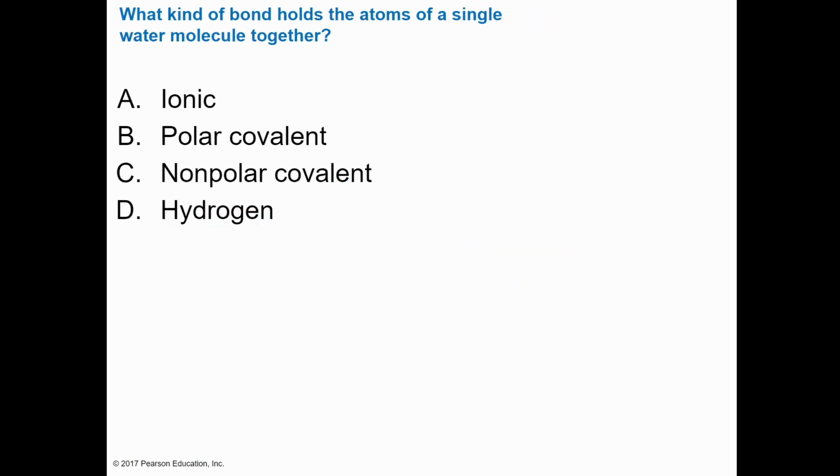So if we did an example question, we could say, what kind of bond holds the atoms of a single water molecule together? The answer would be polar covalent. We're talking about the atoms that make up a water molecule, so we're looking at bonds that hold atoms together. But what about the kind of bond that forms between water molecules?